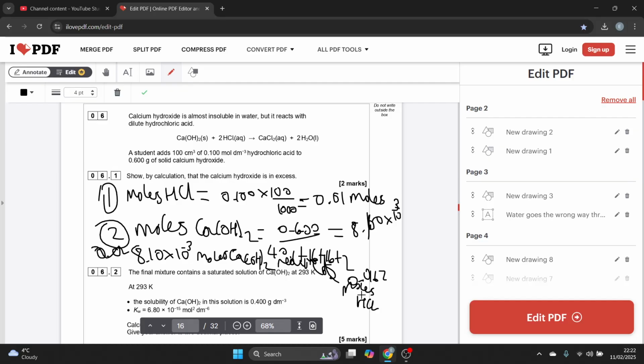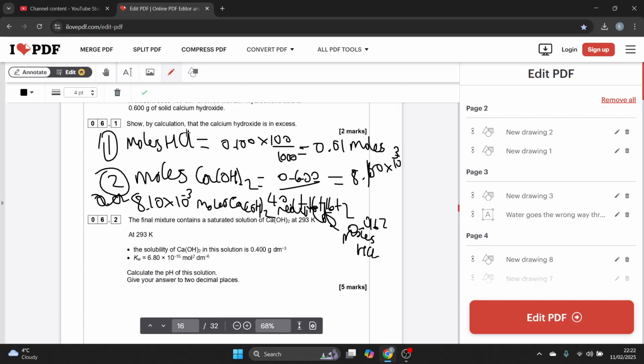Or we could say 0.01 moles of HCl requires 0.005 moles of calcium hydroxide, which makes sense because this is a 1 to 2 molar ratio, so 0.01 of HCl requires 0.005 moles of calcium hydroxide.